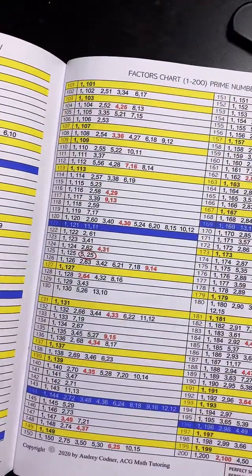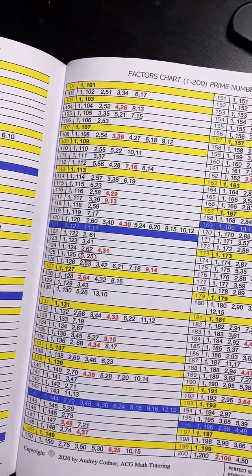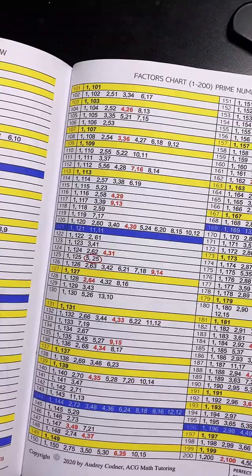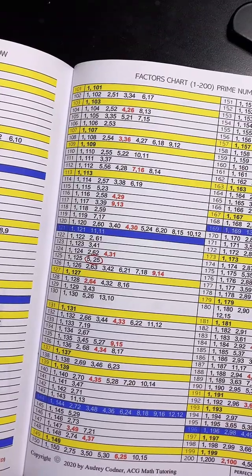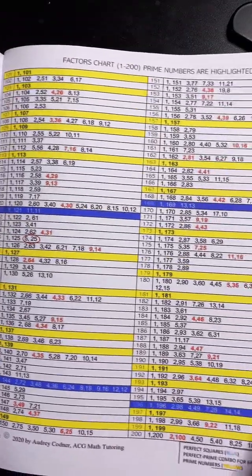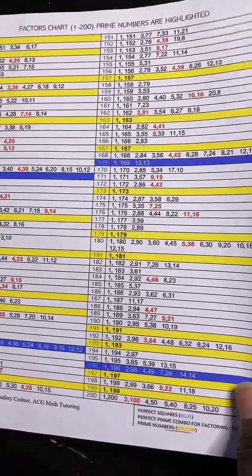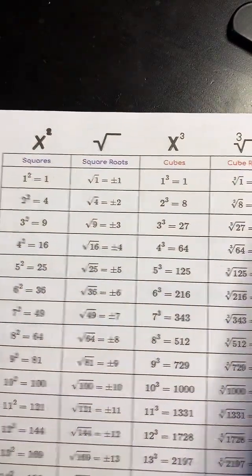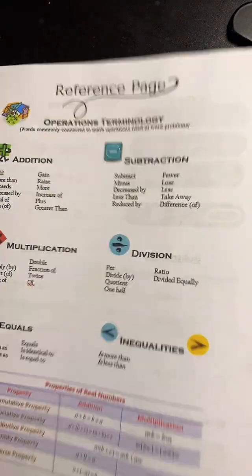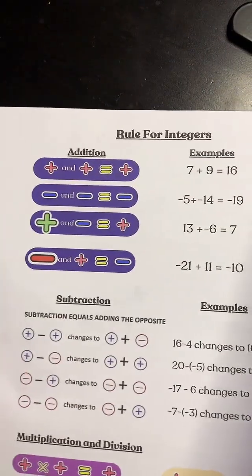If you're trying to find the LCM or LCD, the least common multiple or the least common denominator, the greatest common factors, you can use these factor sheets. It goes from 1 to 200. It also gives you some other resources that can be useful to help you remember.